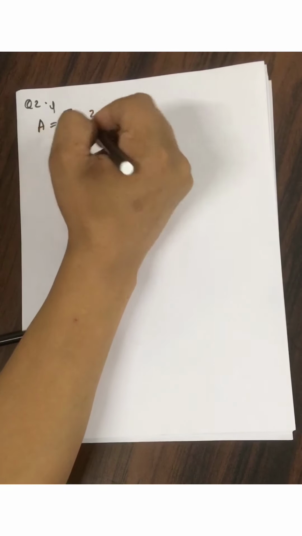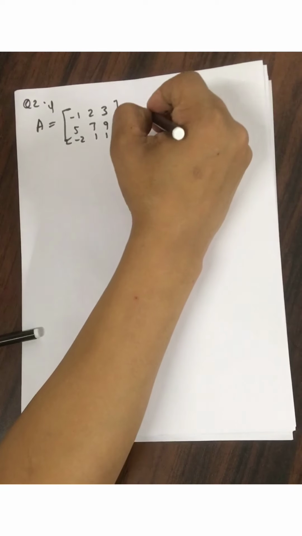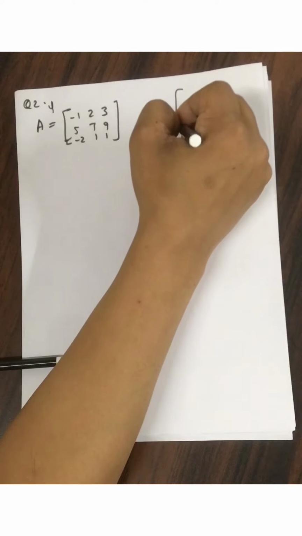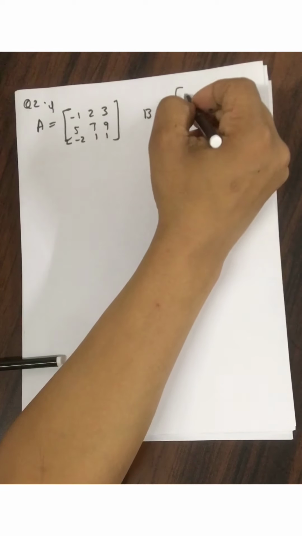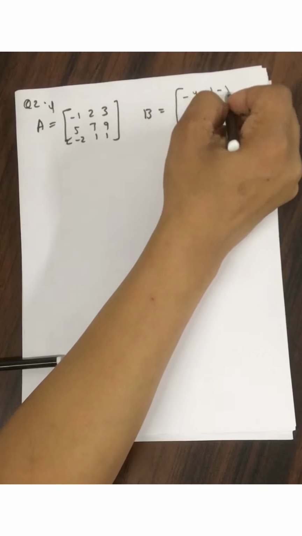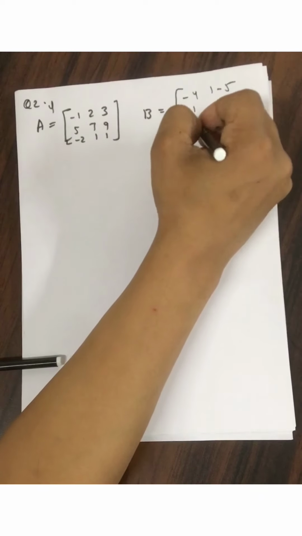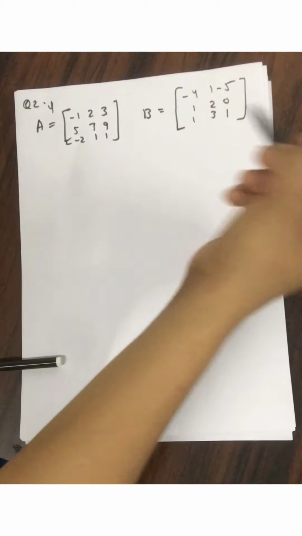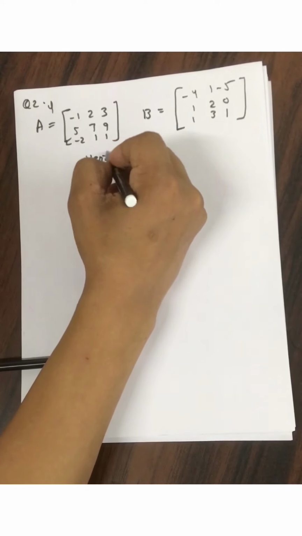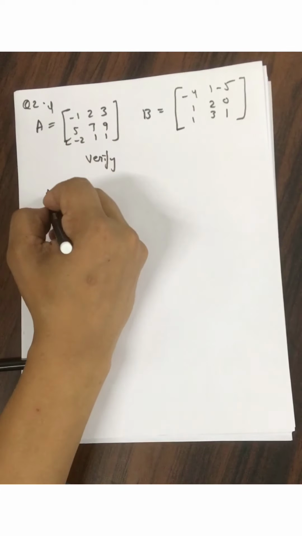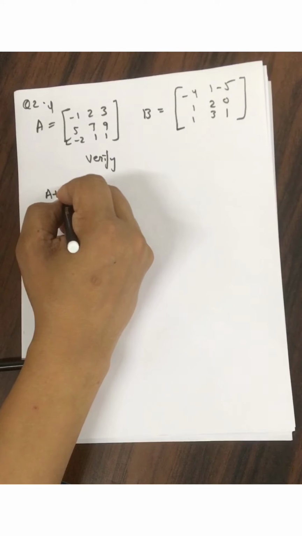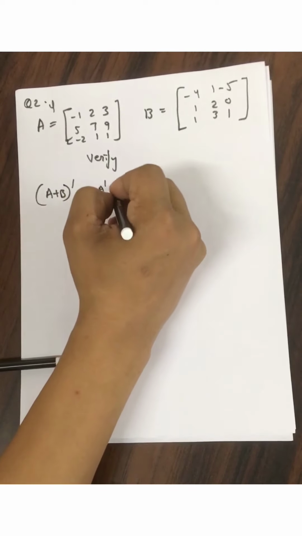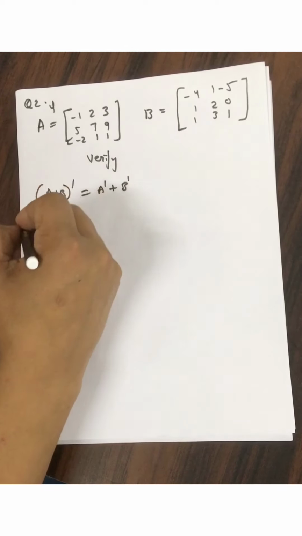This is matrix A, and matrix B equals to -4, 1, -5 and 1, 1, 2, 3, 0, 1. Now you have to verify. What to verify? A plus B, transpose of this is equal to A transpose plus B transpose.